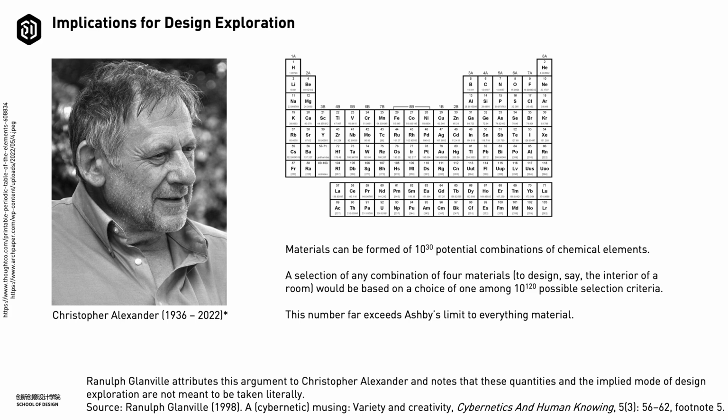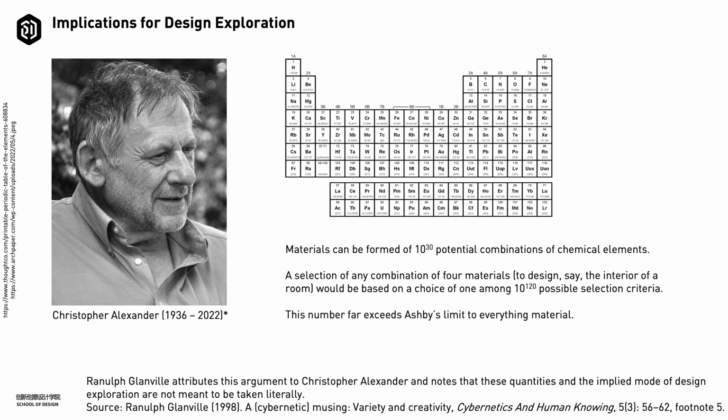In design, Christopher Alexander comes up with another example. This was attributed to Christopher Alexander by Ranulph Glanville. I cannot find it in the literature. But according to Glanville, Alexander used this example. He said, materials can be formed by 10 to the power of 30 potential combinations of our chemical elements.